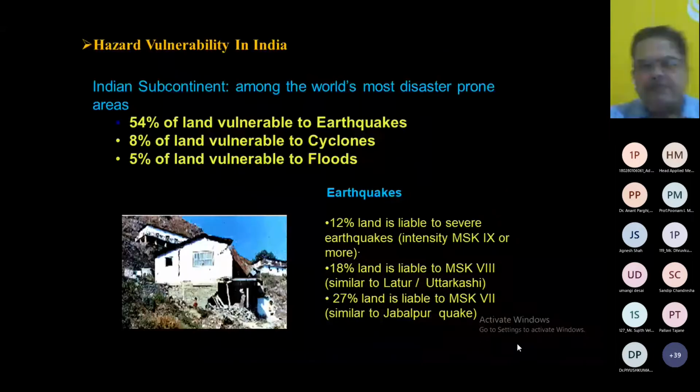We will talk about the hazard vulnerability in India. If you look at the Indian subcontinent, then 54% of land is vulnerable to earthquake, 8% of land is vulnerable to cyclone, and 5% of land is vulnerable to floods. The 54% land I am talking about is zone 3, 4, and 5.